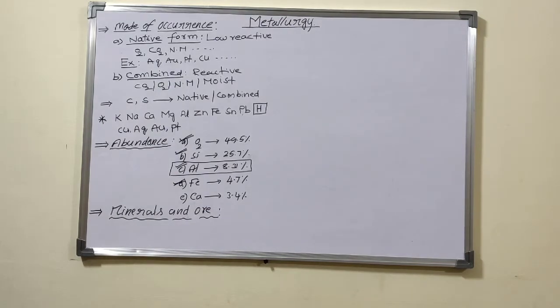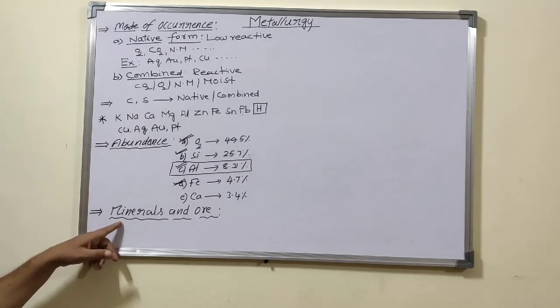A mineral is a naturally occurring chemical substance in which metal occurs in the earth's crust. And an ore is also a form of mineral from which metal can be economically and conveniently extracted.